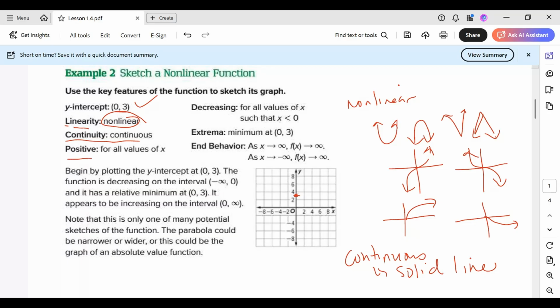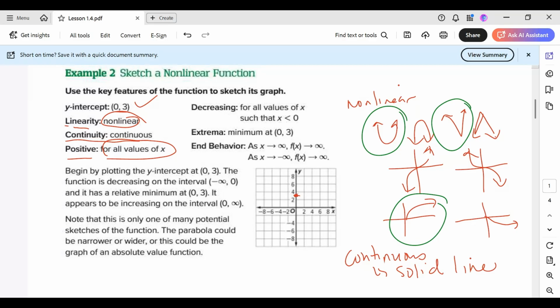Next part says positive. All the values of x, it is positive. So by all the values being positive, we are looking at something opening up. I cannot choose any of the other ones, since these are our 3 that we can choose from, because they're all opening up with positive values.